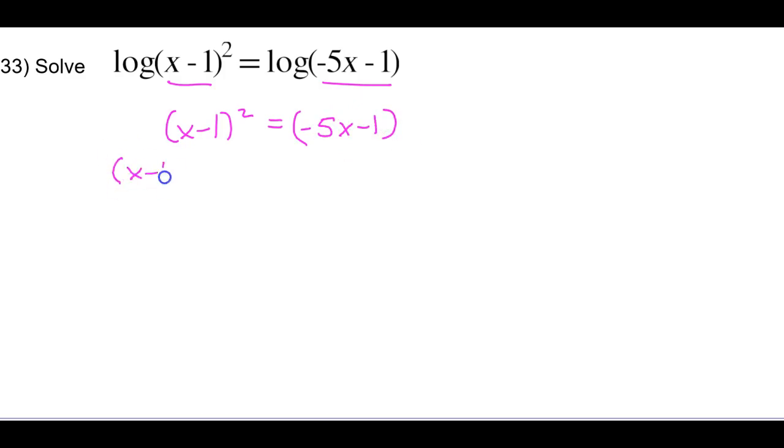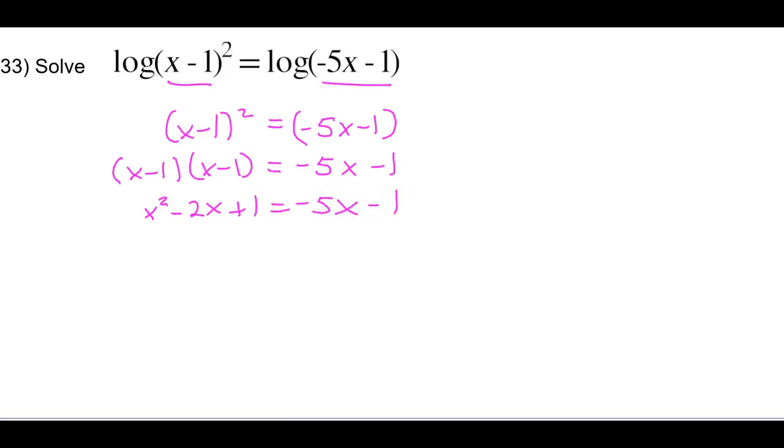So I'm going to square x minus 1. And I just can't emphasize enough times that you need to make sure you square the binomial. So we get x squared minus 2x plus 1 equals negative 5x minus 1.